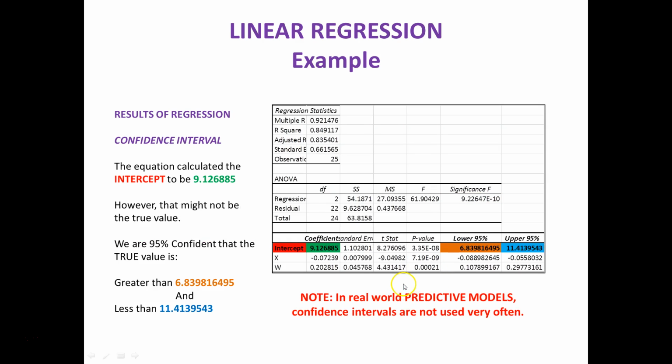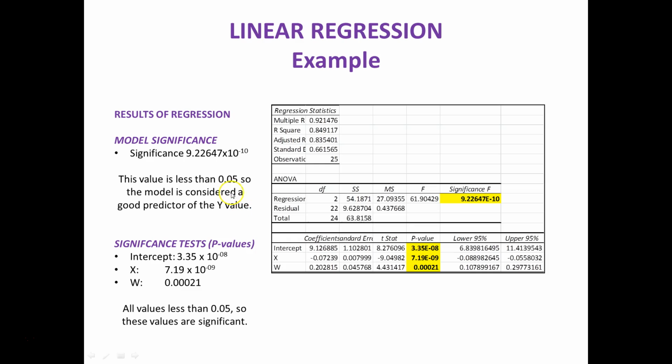All three are a lot smaller than 0.05, so we can assume that these variables are pretty good at predicting the amount of steam used in the plant. If the number is larger than 0.05, a pure statistician would say this isn't a statistically predictive variable. It's not statistically significant. But again, in the real world, they don't really care so much about statistical significance.